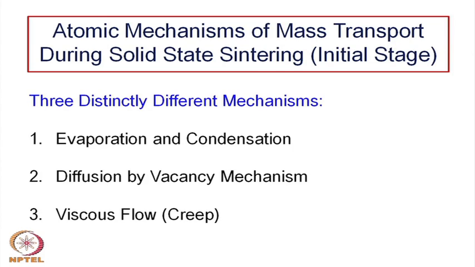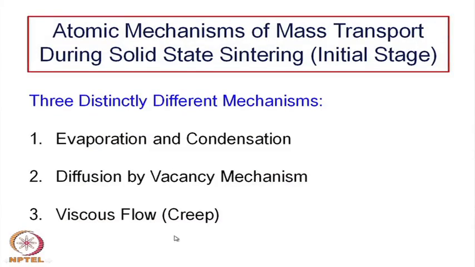The third one, of course, is viscous flow. This is not in the presence of a liquid, but the solid itself becomes a little bit viscous in nature, particularly at the grain boundaries, and that also facilitates mass transport along the grain boundaries. So, that is also another mechanism. We will discuss briefly about that.